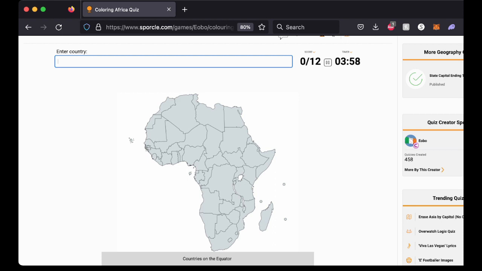Okay, countries on the equator. I'm tempted to say Equatorial Guinea, but that might be a misnomer. The Democratic Republic of the Congo is a large country. I think it's a safer pick, so I'll say Democratic Republic of the Congo.